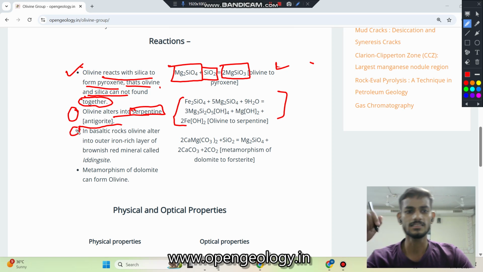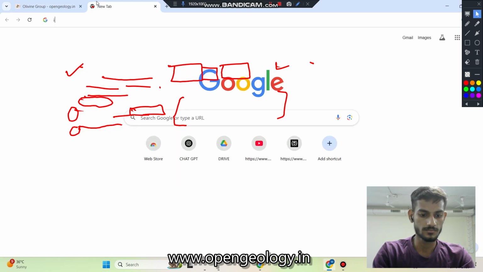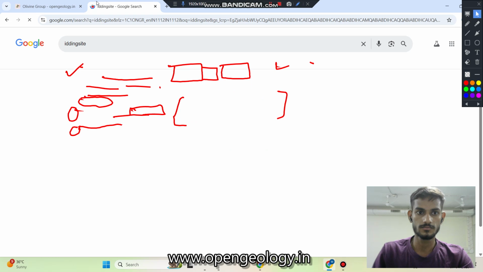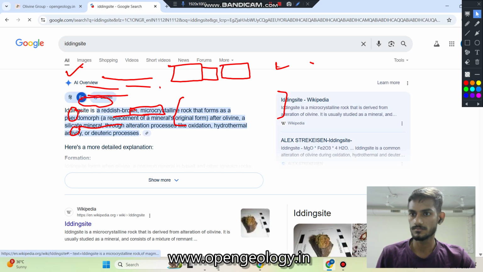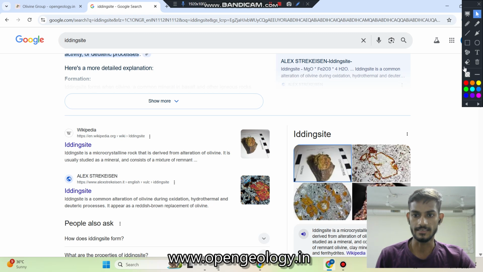Then another reaction is in basaltic rocks. Olivine alters into an outer iron-rich layer of brownish red color, that is known as iddingsite. Let me show you one iddingsite picture. Okay, so this is the iddingsite.